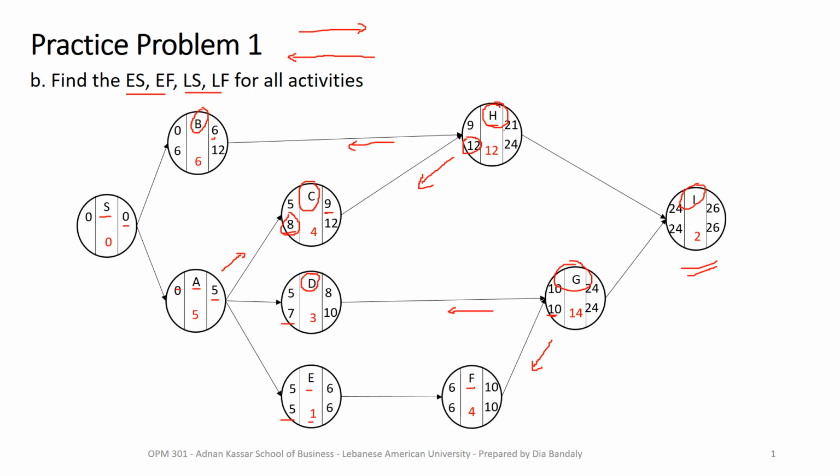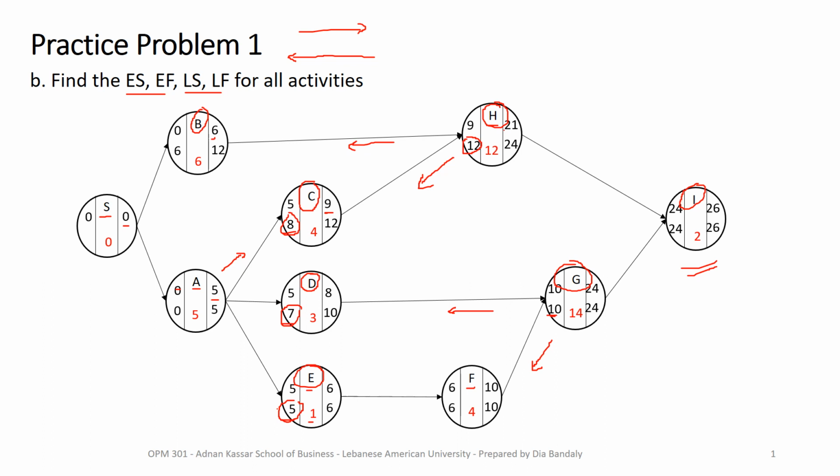Because if I allow A to finish at its latest on week 8, then activity E cannot start on week 5 as noted here. See? So that's why the latest finish of A will be the minimum of all 3 values, 5, 7, and 8. So here we go, it's 5, and 5 minus 5, that's 0.